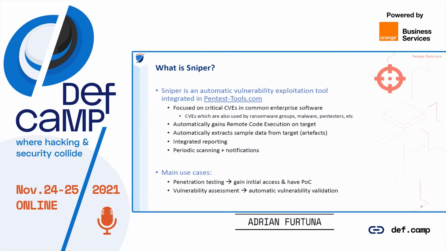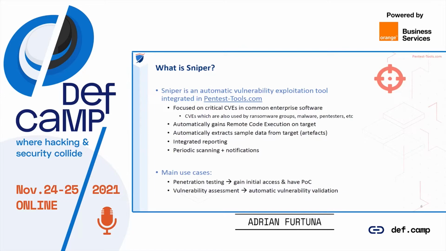What it does is try to automatically exploit and gain access to the target system, and then automatically extract some sample data from the system in order to give you a strong proof of concept that the vulnerability is real, and to help you convince your customer that they have a real issue and they need to patch it as soon as possible. Or on the other hand, if the exploit is not successful, then maybe that is not such a high risk issue as the vulnerability scanner says.